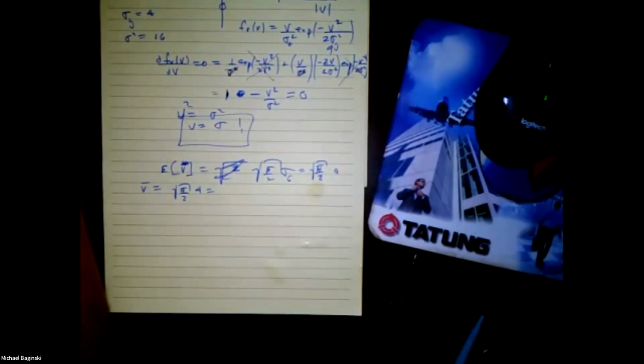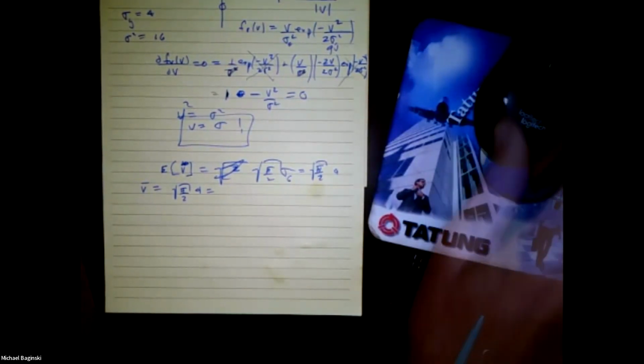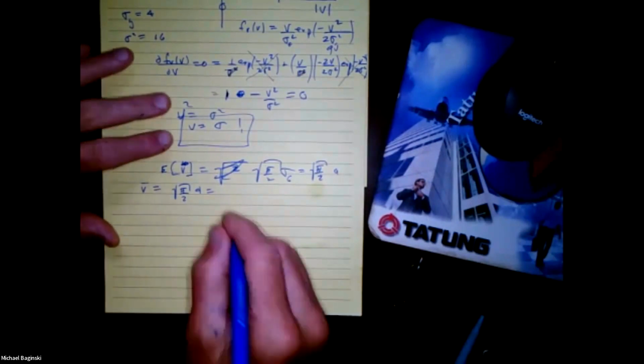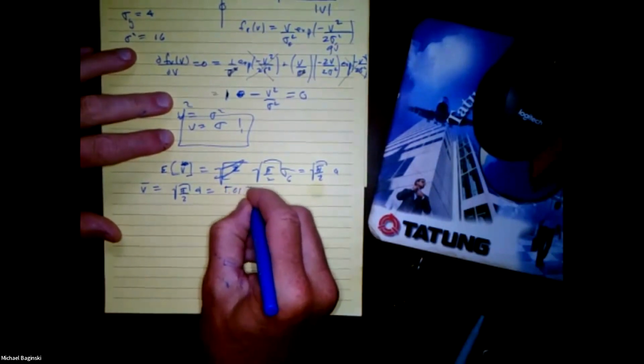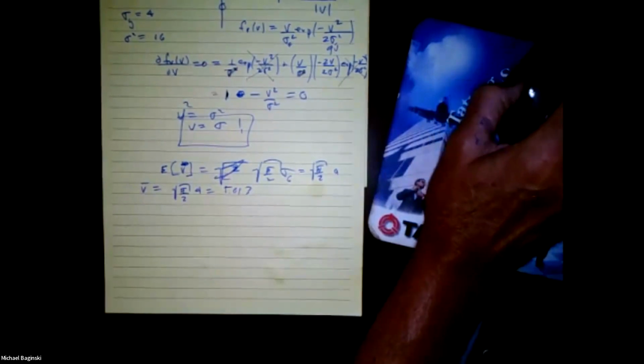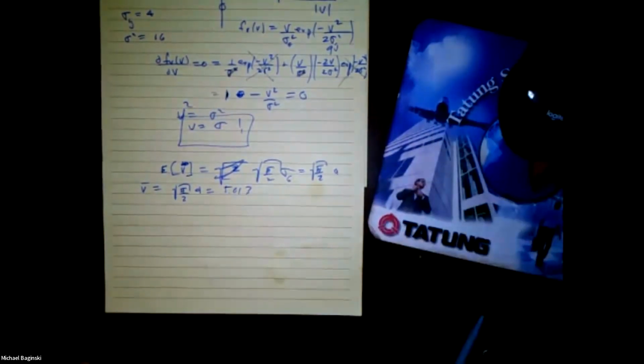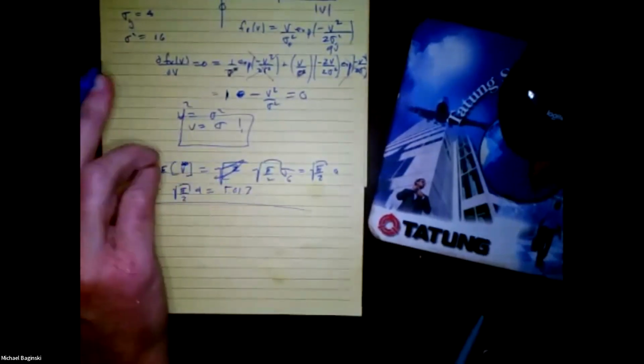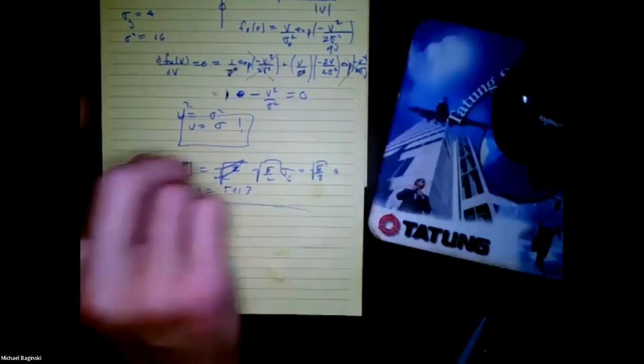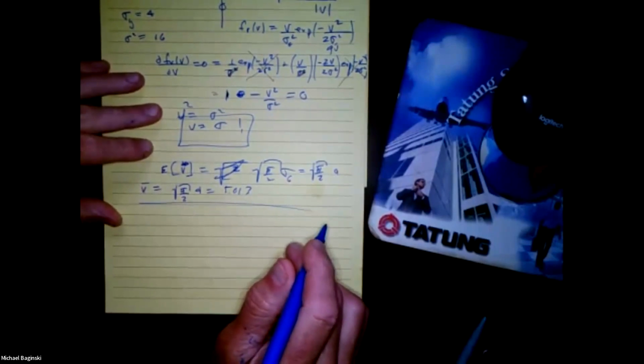I got math kids somewhere. There it is. Pi over 2 times 4 equals, I think it's 5.013 I'm getting. I'm not sure what the book has, but I think I got it right.